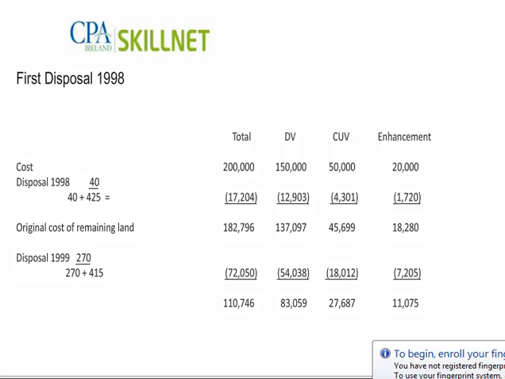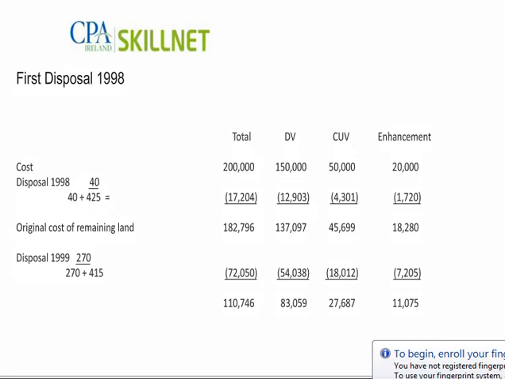Now, of that 40,000, of that land that was sold, how much of the 200,000 relates to it? And the way you work that is, you apply the formula. You take the 200,000 and you multiply it by A, which is the sale proceeds. You ignore costs of sales now. Sale proceeds over A, which is sale proceeds, plus value of remaining land. In other words, you could recast that in another way.